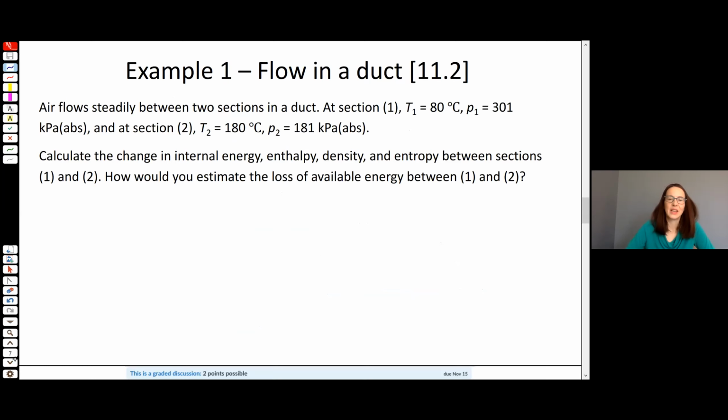All right, so here we have air flowing steadily between two sections in a duct. Something like this. I'll draw our control volume in here.